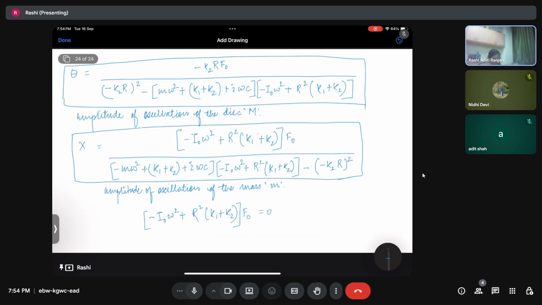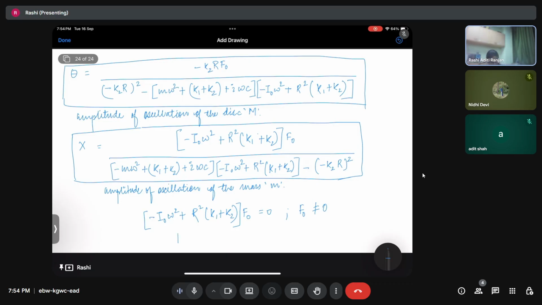F naught cannot be equal to 0, because if f naught is equal to 0, then there is no input to the system. It becomes a system which is going to have any kind of movement only if we give it some initial perturbation. Otherwise, it is going to stay in the static case. So f naught cannot be equal to 0; that is not what we are concerned about.